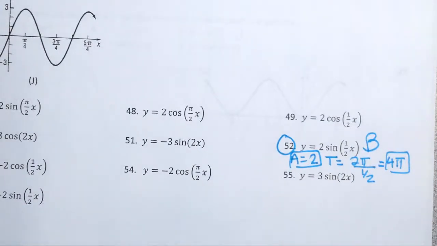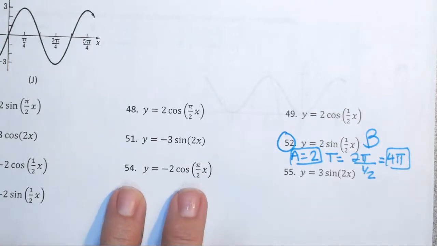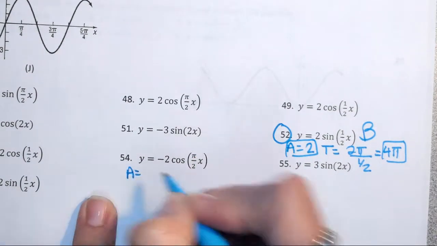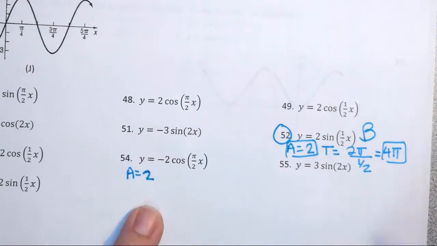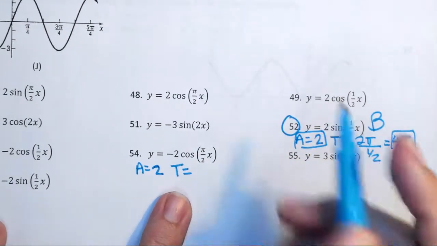Do y'all like 53? It's really similar to 52. Let's do 54. That way we are going to see something different. Okay, so 54. First we're going to do our A. What's my A? 2. We're going to go find our period because H and K are both 0.